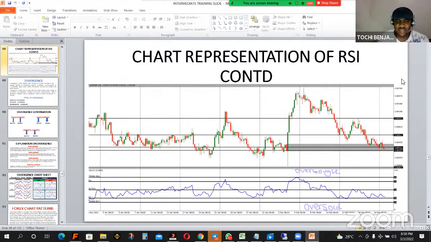Now look at this point. Let's say this is Euro GBP. Look at this place where you have this line, this high here. Now it corresponded with this high somewhere around here. If you look at this high, this particular one, where you have this doji candlestick, this is a high that created.